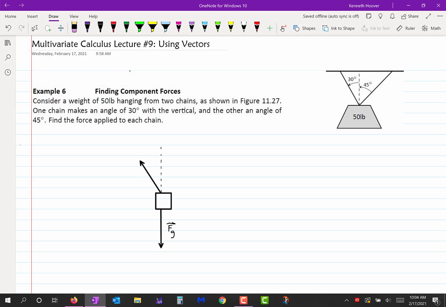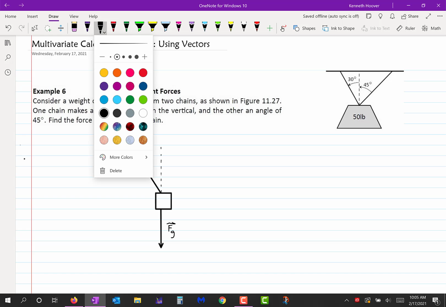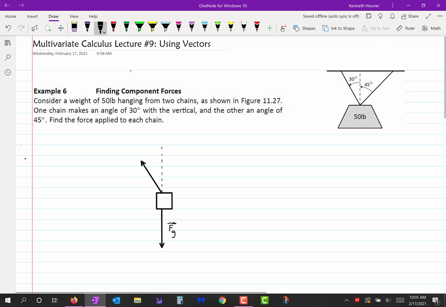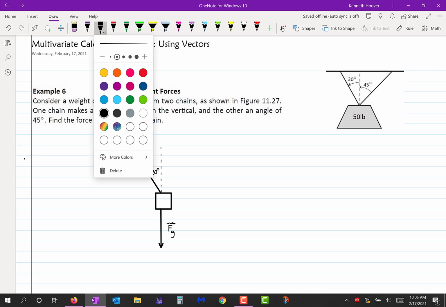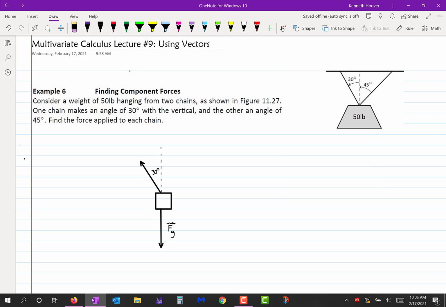Now this is not the chain that I'm drawing here. This vector is not the chain. It is the force of tension on that chain. Okay? And we are told that this is a 30-degree angle. Okay? And there's another chain hanging 45 degrees to the right of vertical.